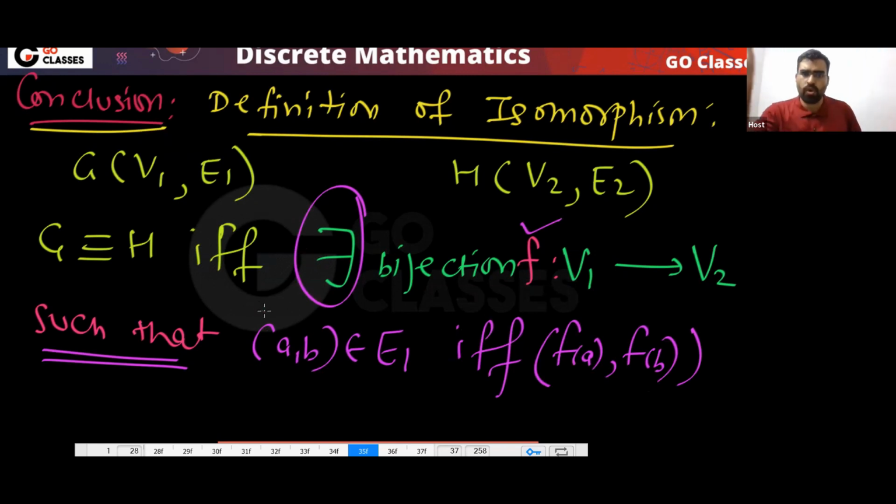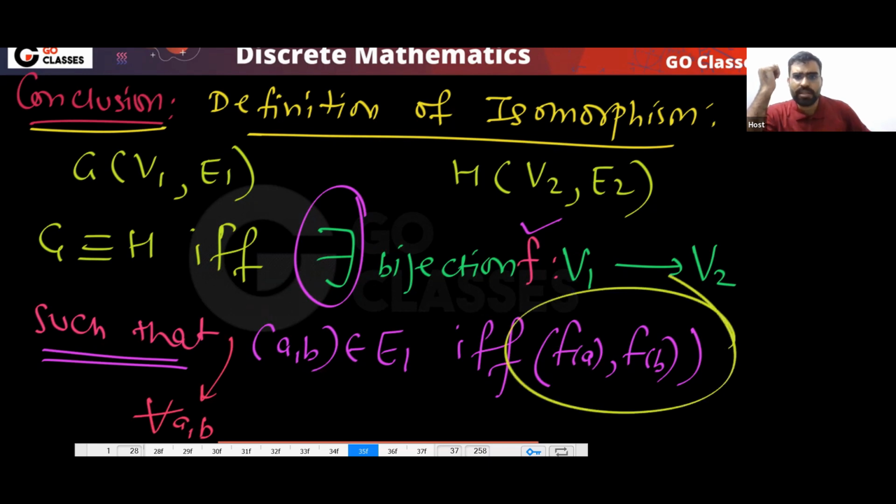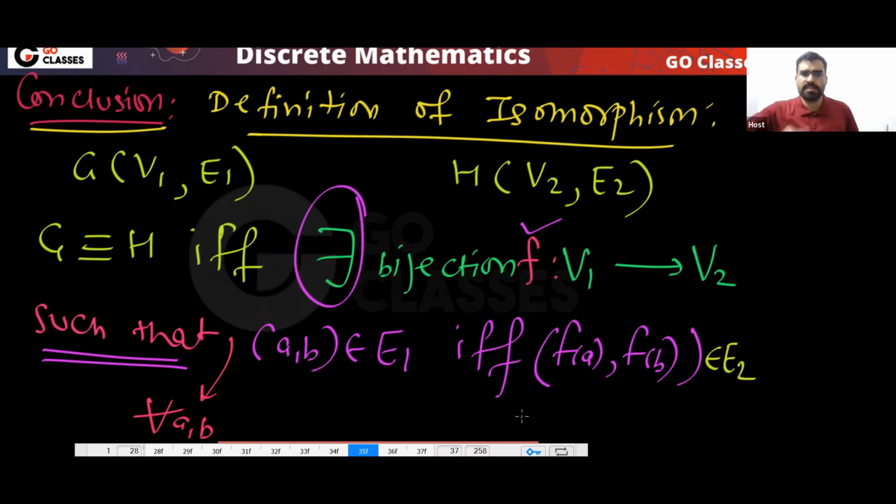And this should happen for all A comma B: if they have an edge, then their images also should have an edge; if they don't have an edge, their images also should not have an edge. They have an edge if and only if their images have an edge. This is the definition of isomorphism.